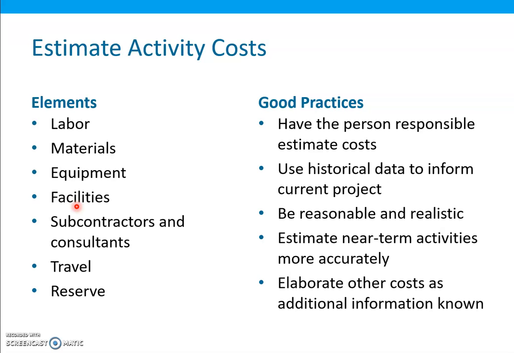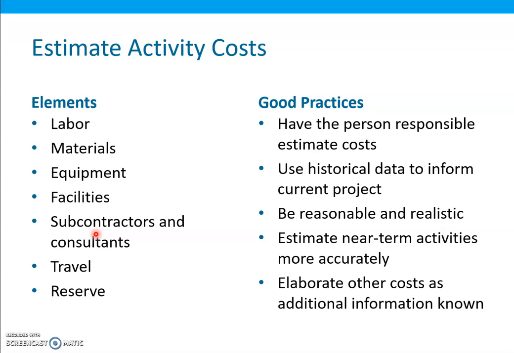Special facilities or additional space for the project team for security or for storing materials, or to build, assemble, and test the project deliverable items. Subcontractors and consultant costs. These are outsourced when project teams or contractors do not have the expertise or resources to do certain project tasks.